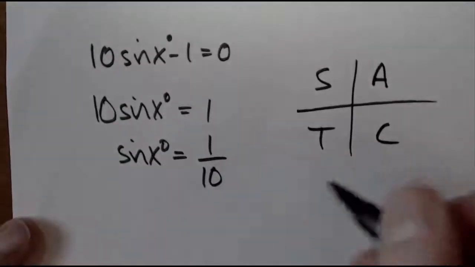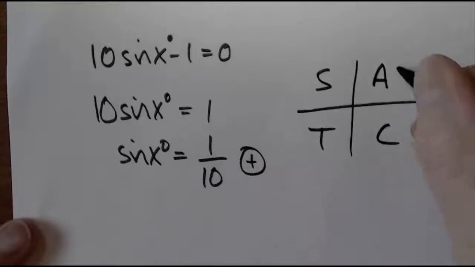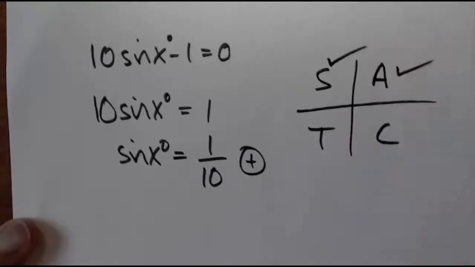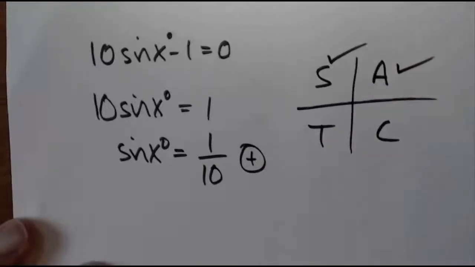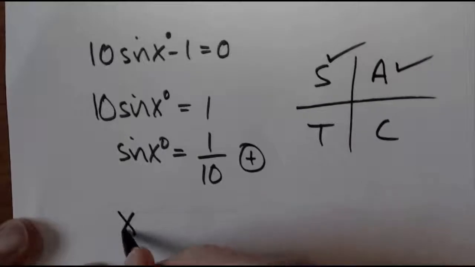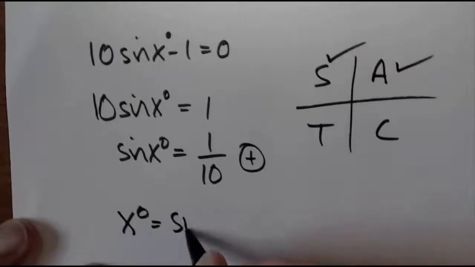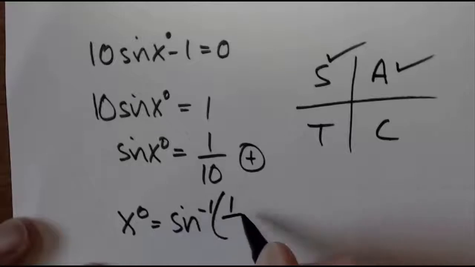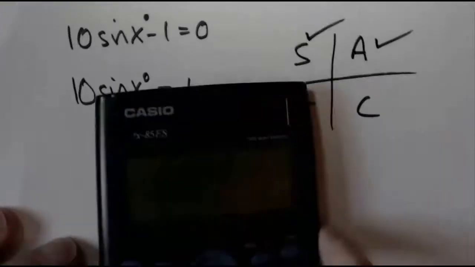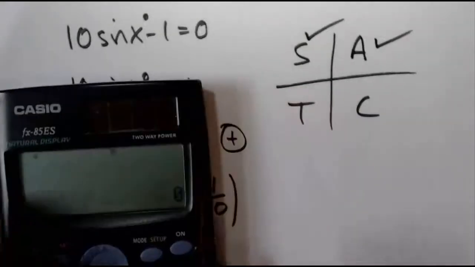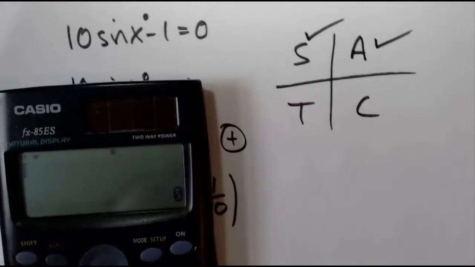So that's positive, right? So this is positive, so it's positive here, and it's positive here. So to find x degrees, we'll just take the inverse of sine of 1/10. Just put on your calculator, we then go shift, inverse, and 1/10, same as 0.1.